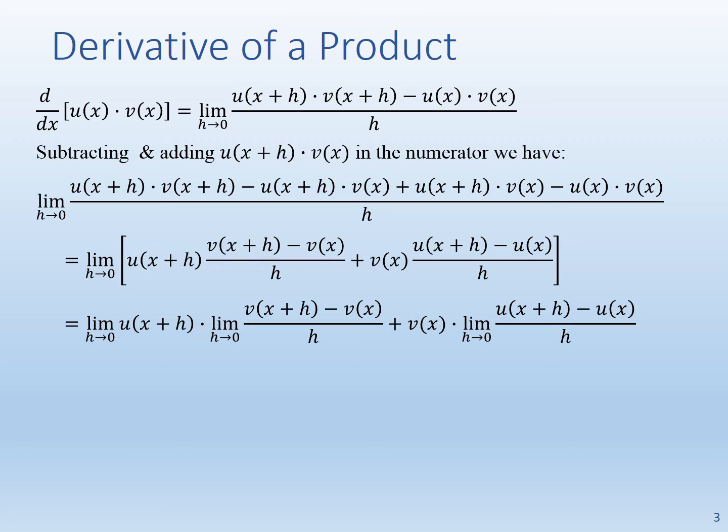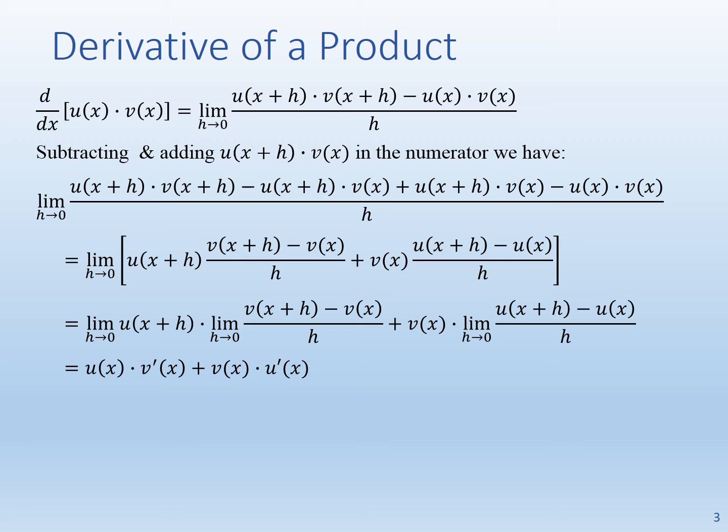Similarly, on the second term, we've got a limit of this times this. We've got v of x that we've taken out of the limit, and we can do that because there is no h in the v of x. As h approaches 0, v of x will be just v of x. It's not affected by what h is doing.